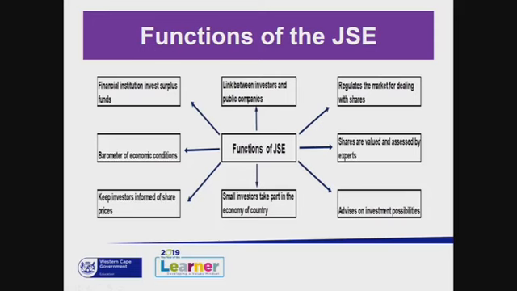Chantal, this one: financial institutions invest surplus funds. Now, to simplify it, let's just talk about banks. When they get money or deposits from the public, they're not going to put it in the safe.